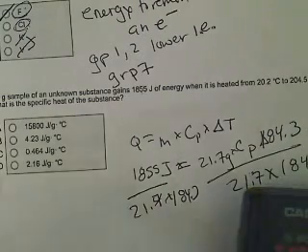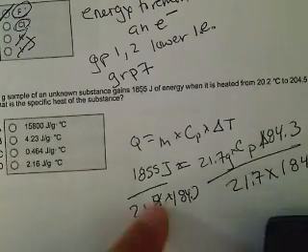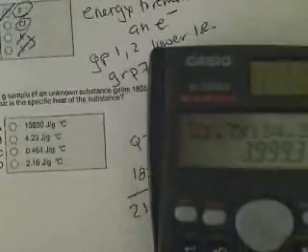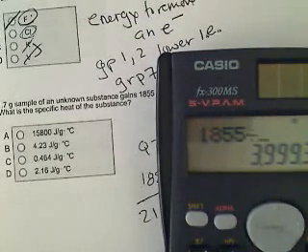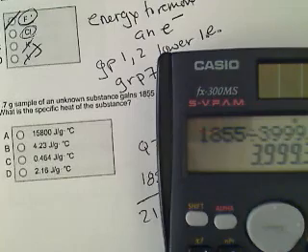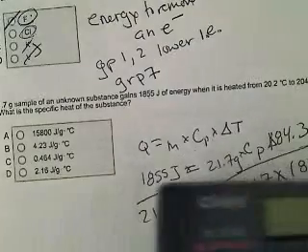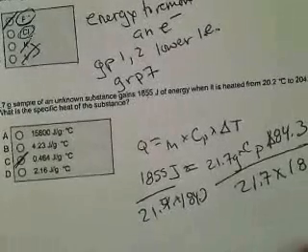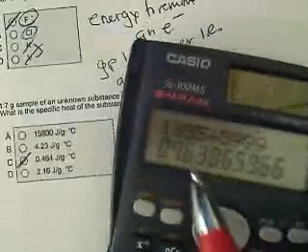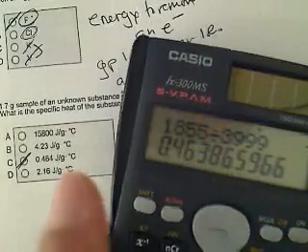You can already tell that C is going to be the answer, because this is going to be a really, really large denominator. 1855 divided by that, and we get answer choice C. If not, do the math yourself, but that's what I ended up with on the calculator.